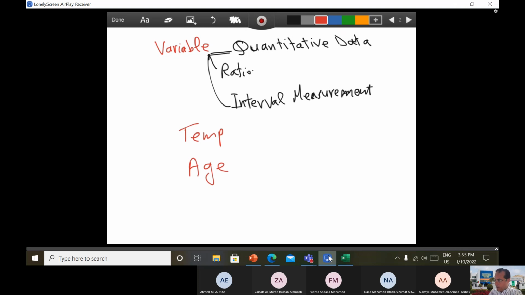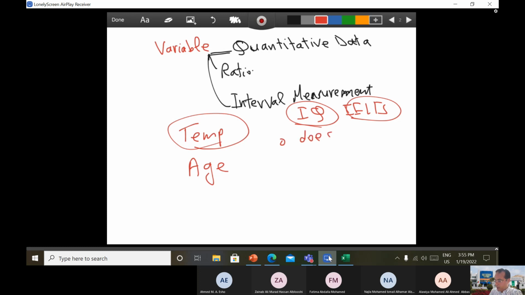Interval, like IQ test, like IELTS result, like temperature. Because in the interval measurement, 0 does not mean nothing. This is the difference.